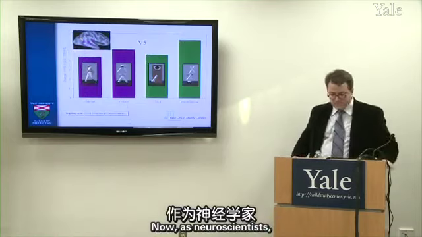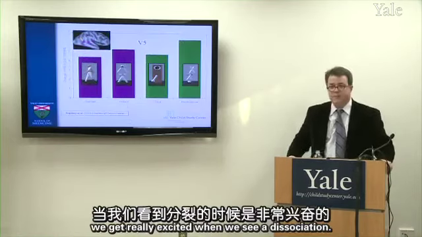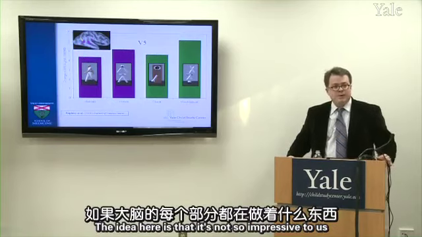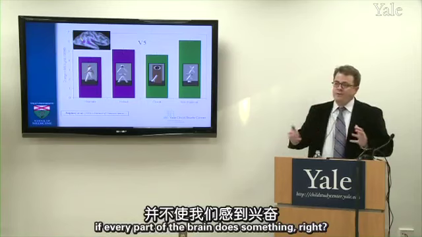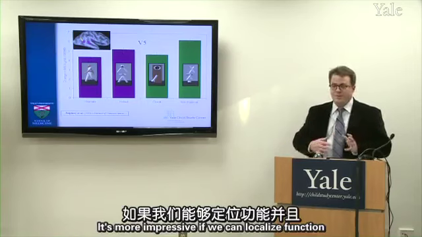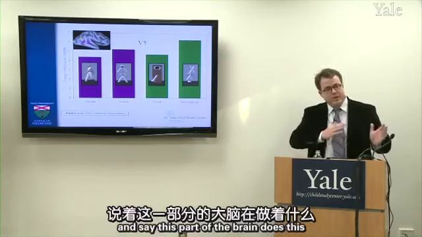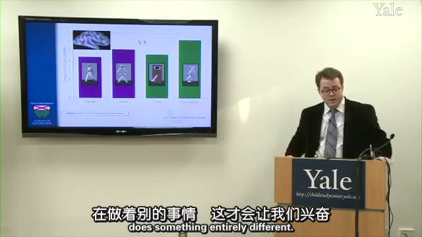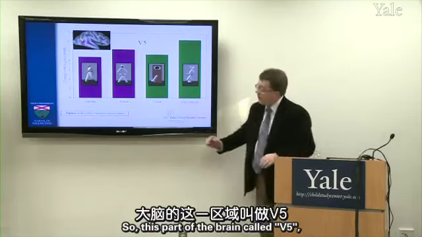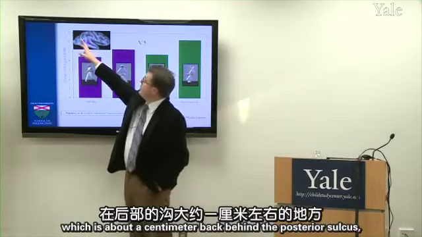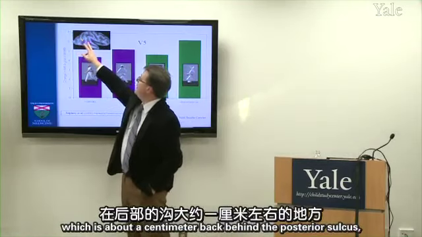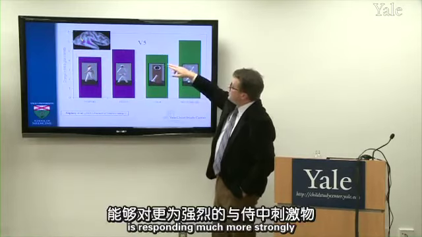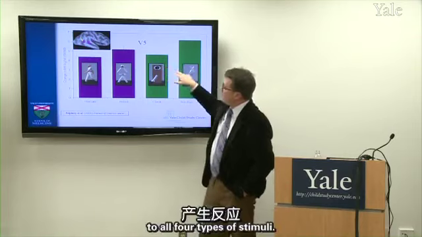Now, as neuroscientists, we get really excited when we see a dissociation. And the idea here is that it's not so impressive to us if every part of the brain does something, right? It's more impressive if we can localize function and say this part of the brain does this, and another part of the brain does something entirely different. And so this part of the brain, called V5, which is about a centimeter back behind the superior temporal sulcus, maybe 2 centimeters in most people, is responding much more strongly to all 4 types of stimuli.